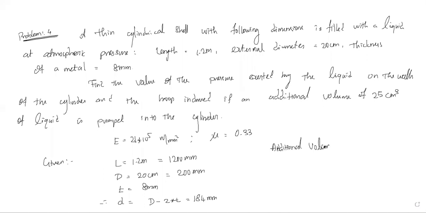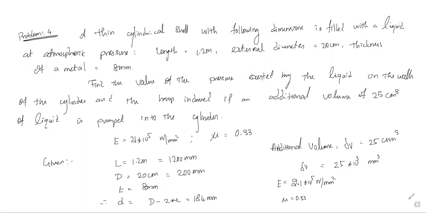So this additional volume, I'm going to take it as the change in volume, since volumetric strain is change in volume divided by original volume. Change in volume is equal to 25 centimeter cube, which is nothing but 25 into 10 cube mm cube. Then the modulus E is equal to 2.1 into 10 to the power 5 Newton per mm squared, and mu is equal to 0.33.